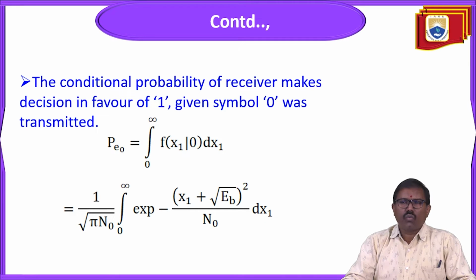So that is equal to 1 by square root of pi N naught, integral 0 to infinity, exponential minus (x1 plus root Eb) whole square divided by N naught dx1. Why?